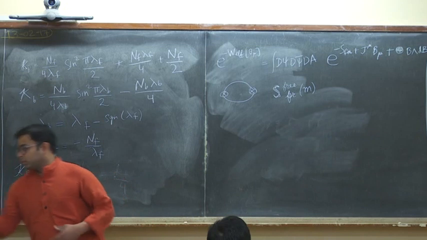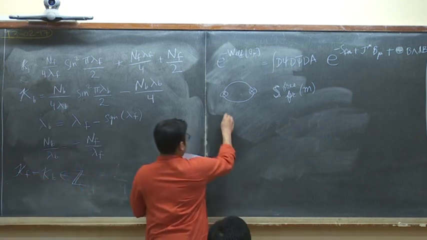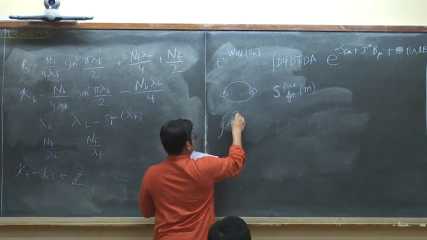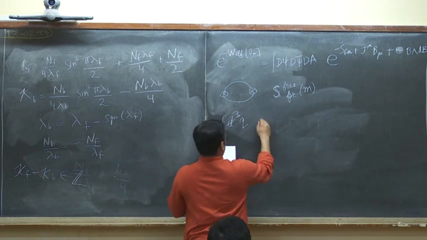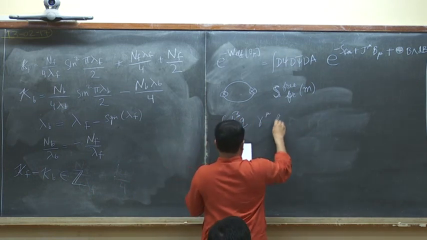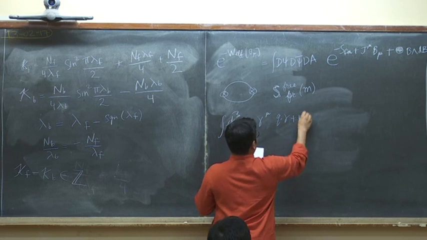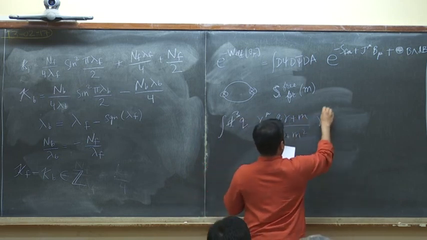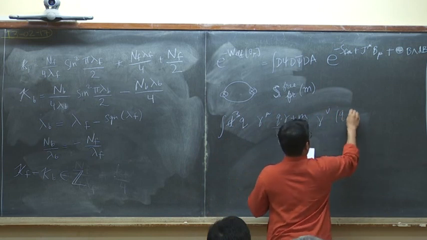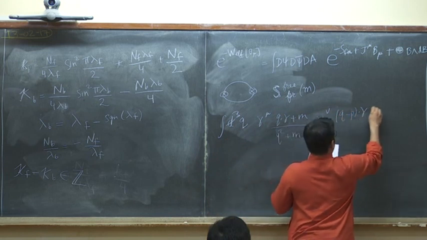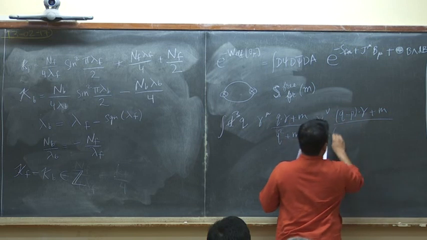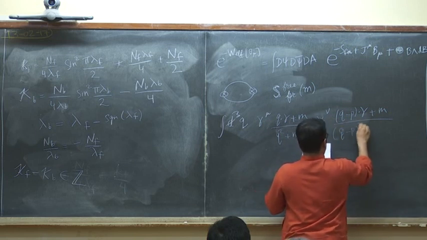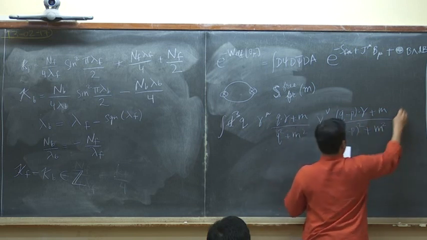It's some integral d^3q, gamma_mu (q-slash plus m) over q squared plus m squared, gamma_nu ((q minus p)-slash plus m) over (q minus p) squared plus m squared.